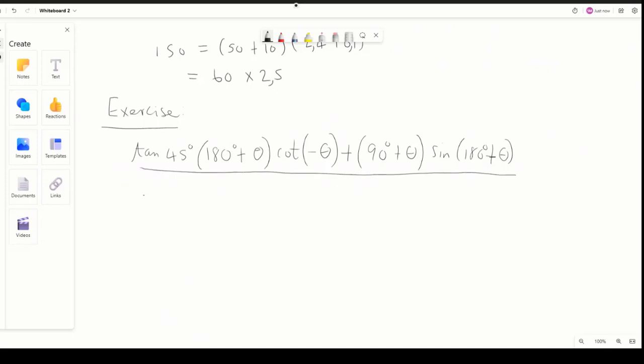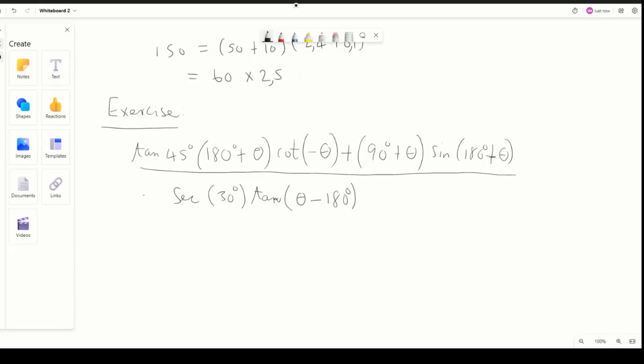All divide by? Sec 30 degrees. Tan in brackets theta minus 180 degrees, and then close the bracket.